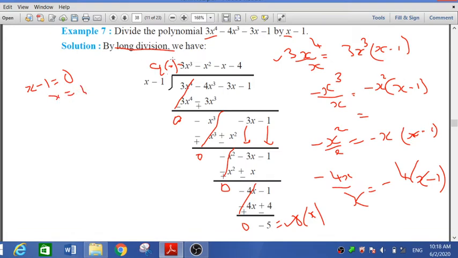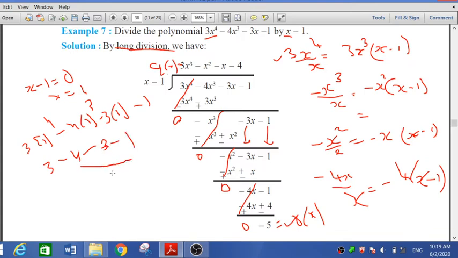What you have to do is put x equal to 1 in P of x, and we can get the answer. Now we check that: 3 in bracket, I have to write 1 the power 4 minus 4 times 1 the power 3 minus 3 bracket again 1 minus 1. So 3 minus 4 minus 3 minus 1.